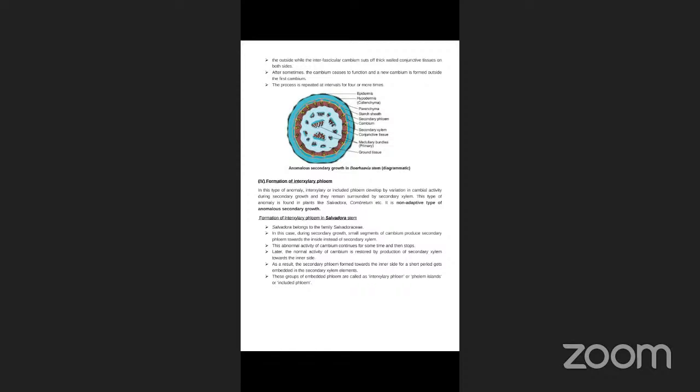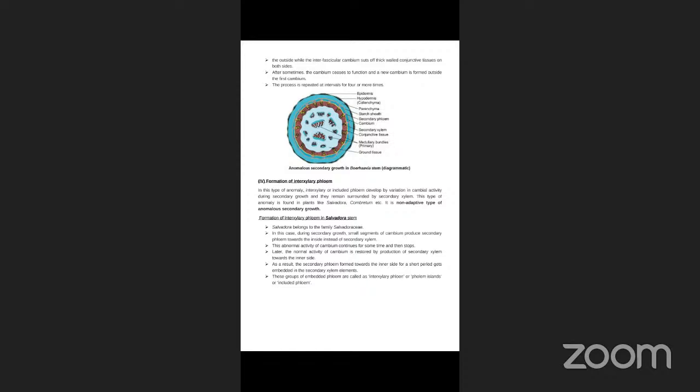Next, Dracaena. Secondary growth is an unusual phenomenon among monocotyledons. Some members of Liliflorae show abnormal growth, that is Dracaena and Yucca, Agave, Aloe vera.